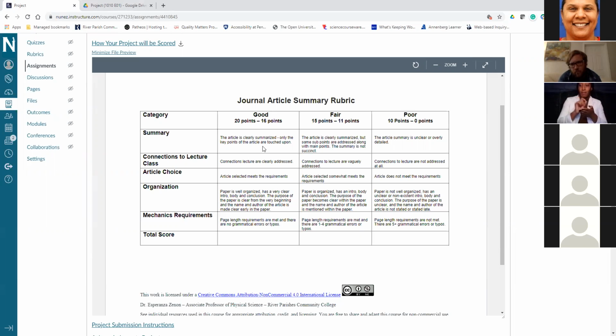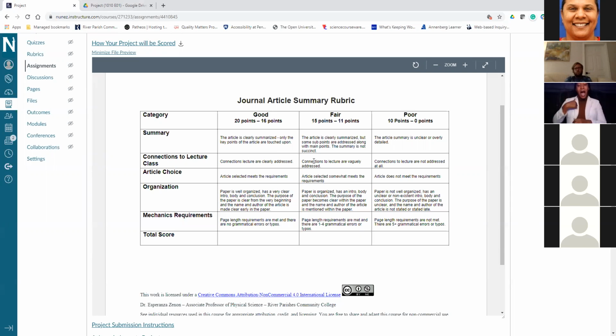If more than 20% of your summary is quoted, that's too much, so you'll lose points, okay? You want to write the summary about the article in your own words as much as possible. And if there are instances where you have to quote, you must do it properly. Otherwise I will consider that plagiarism and you will get a 0, okay?